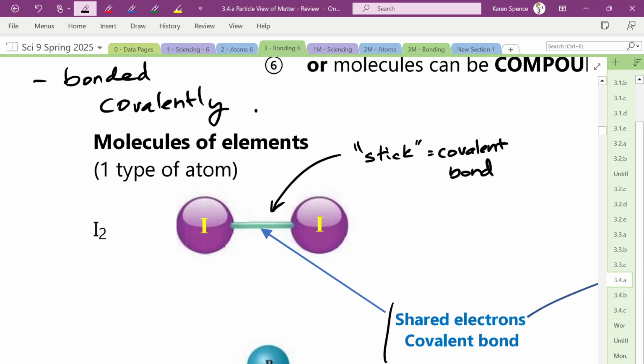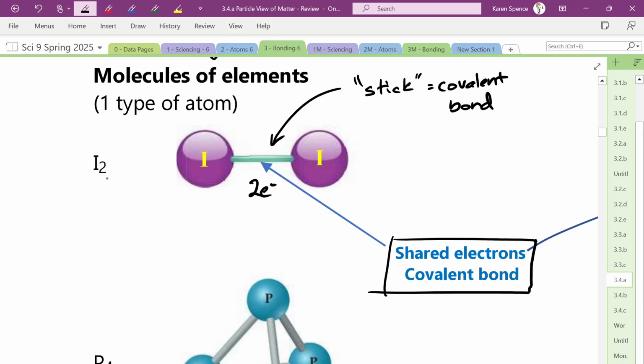It is shared electrons. How many electrons are in that bond? 2 electrons, yep. And that is I2.